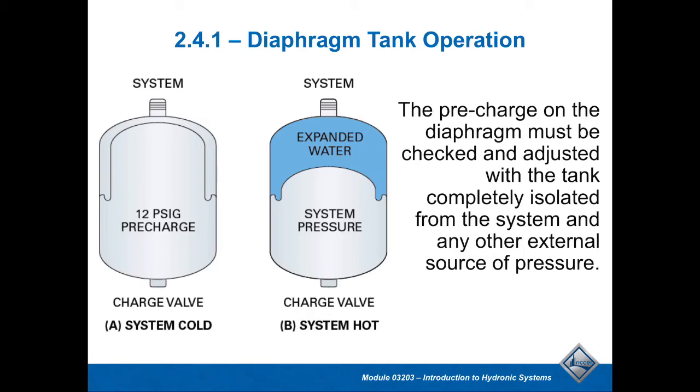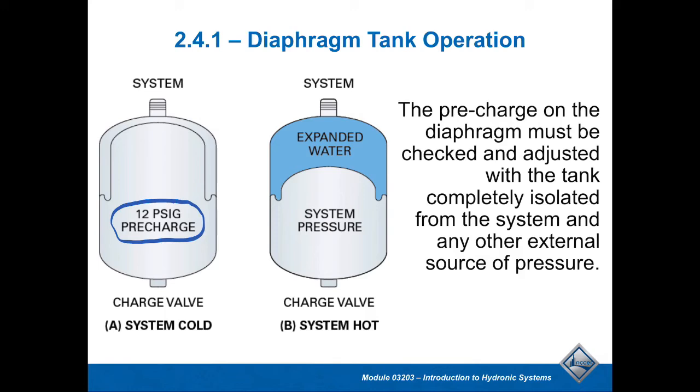The diaphragm type tank is an advancement that we've been using for the last 30 years. With the diaphragm type tank, we would pre-pressurize the expansion tank and set it up.